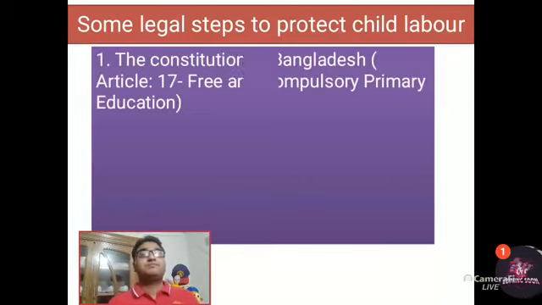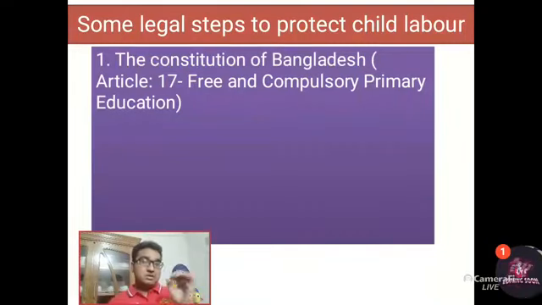First of all, the Constitution of Bangladesh, Article 17, free and compulsory primary education. I think you all know about the Constitution, and you know the Constitution is the highest law of a state. By the Constitution we can know the relationship between the people and the government. And here I want to inform you of one thing.